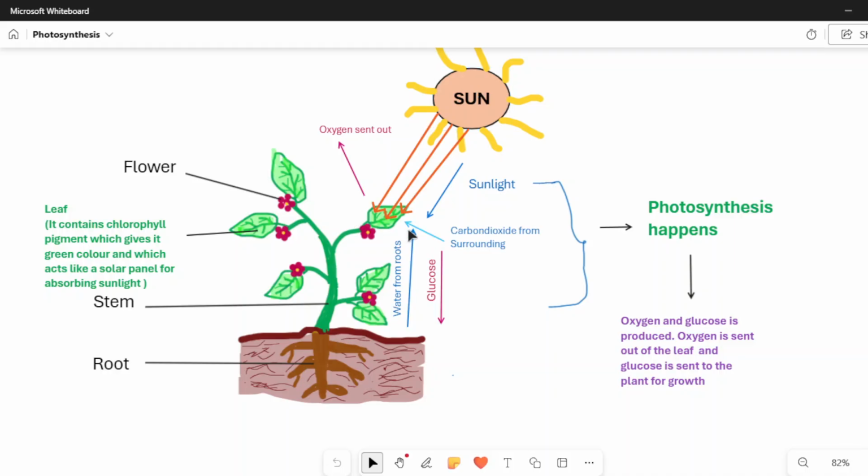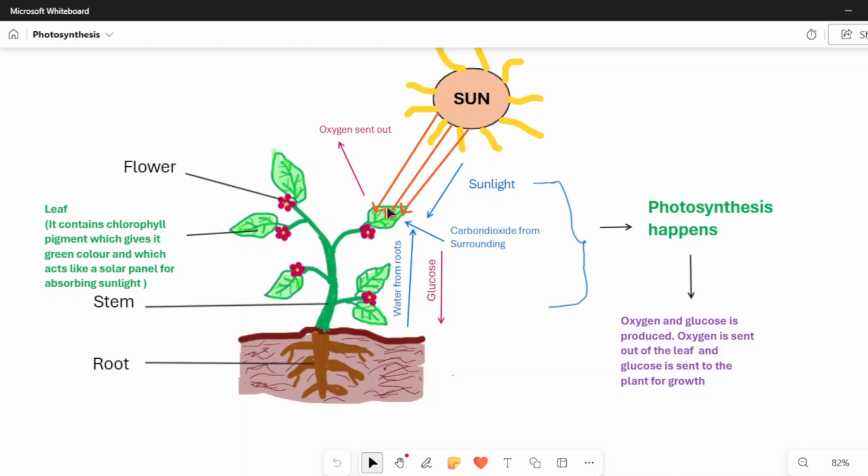And if you see here, we would have learned that the green leaf is the place where the photosynthesis happens and it is producing glucose and sending out oxygen.